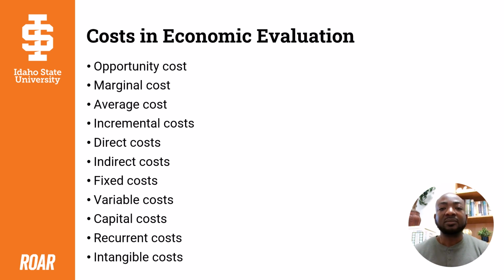Indirect costs are the other resources that might be used as a result of the healthcare intervention and refer to resources like the patient's time that is taken up in going to the hospital rather than working.